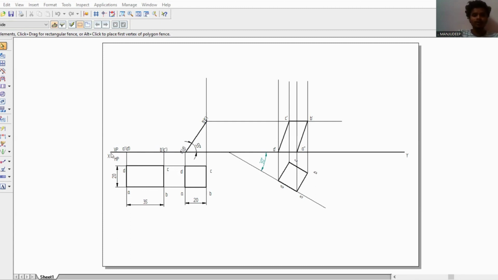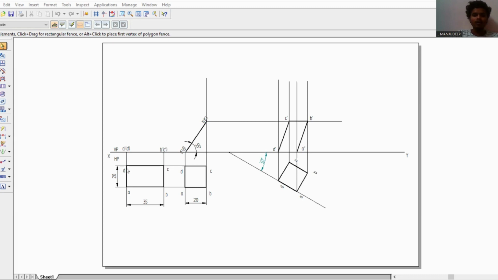So the XY line is by default 50 mm. Now after the rectangle is drawn, give the dimensions, that is 20 mm and 35 mm as shown here, name the rectangle ABCD and place it on HP on one of its shorter edges as given in the question.